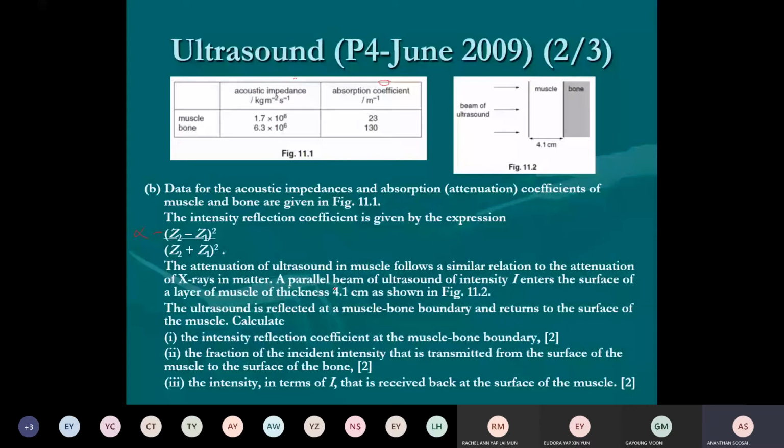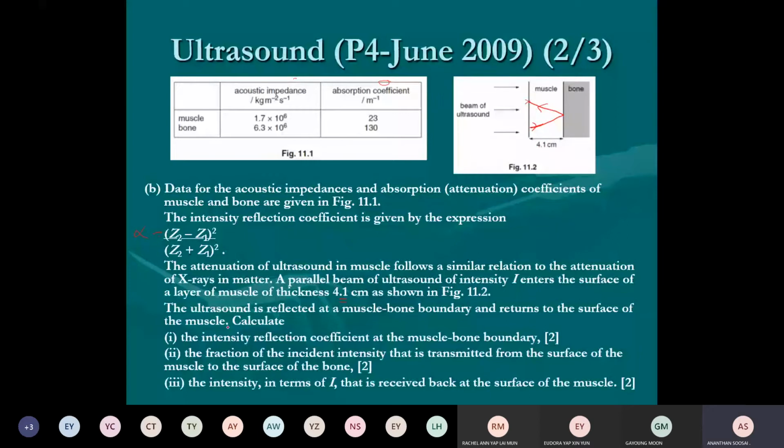A parallel beam of ultrasound of intensity I enters the surface of a layer of muscle of thickness 4.1. The ultrasound is reflected at the muscle-bone boundary and returned to the surface of the muscle. So the ultrasound goes into the muscle, then at the boundary is reflected back and reaches the muscle surface.